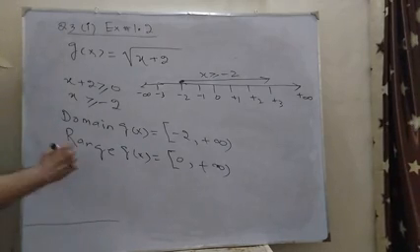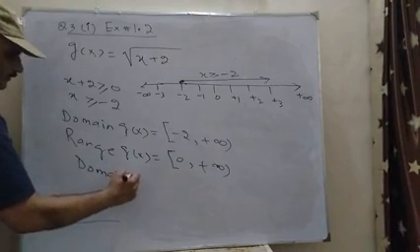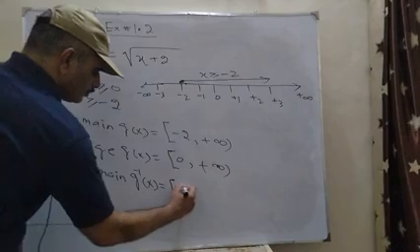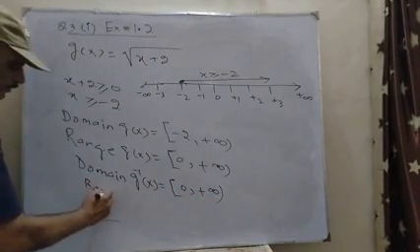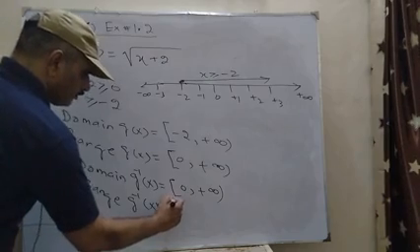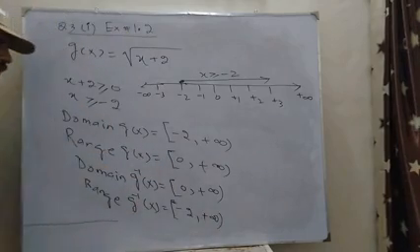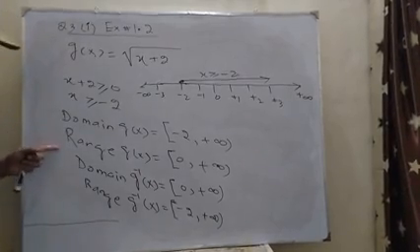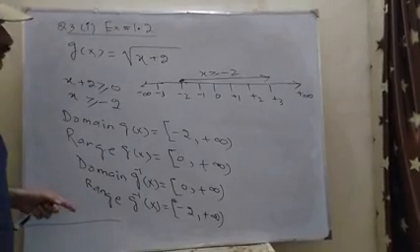Like that, the domain of the inverse function will be 0 to plus infinity, and the range of the inverse function will be minus 2 to plus infinity. So you just change the domain and range, and you will get the domain and range of the inverse function.